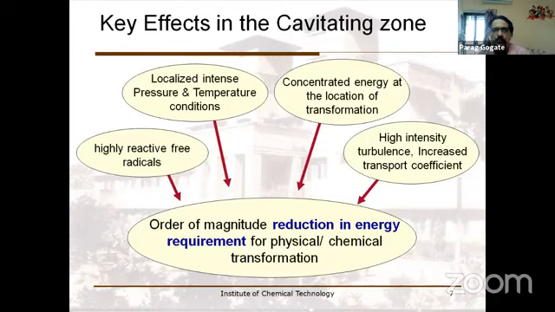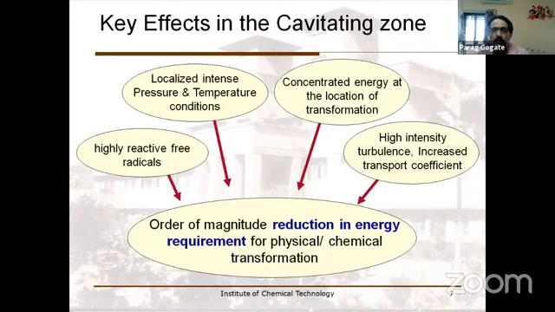Depending on the application, we just have to rely on only some effects. Like if it's oxidation, then definitely radical formation and the local hotspots are going to be very important. But if it's just an extraction related application, then I would require high intensity turbulence or increased transport coefficient, also equally important.